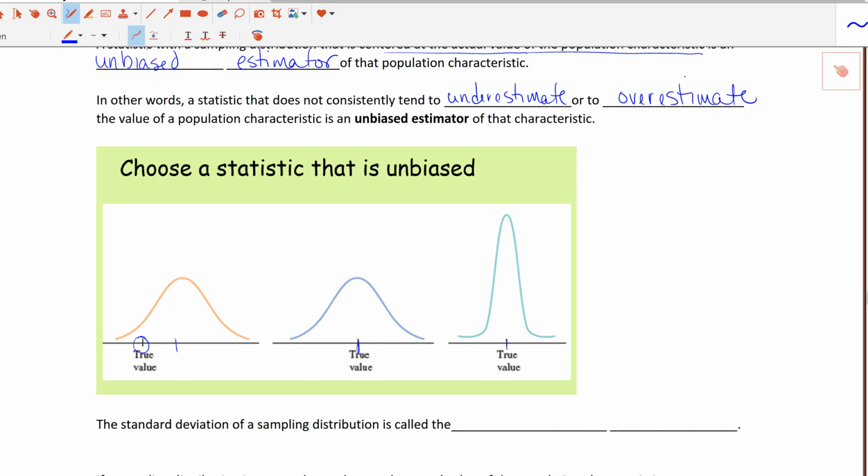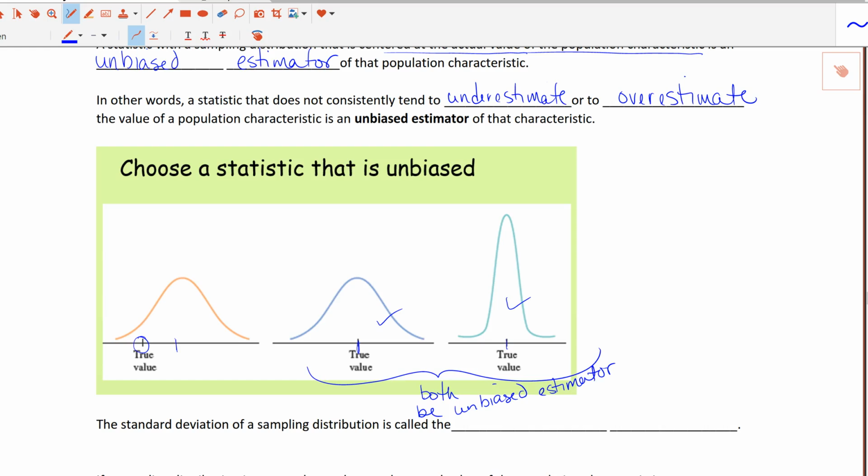So these two would both be unbiased estimators. The first one would not. Once we have an unbiased estimator, the distributions could look something similar to the one in the center and the one on the right.